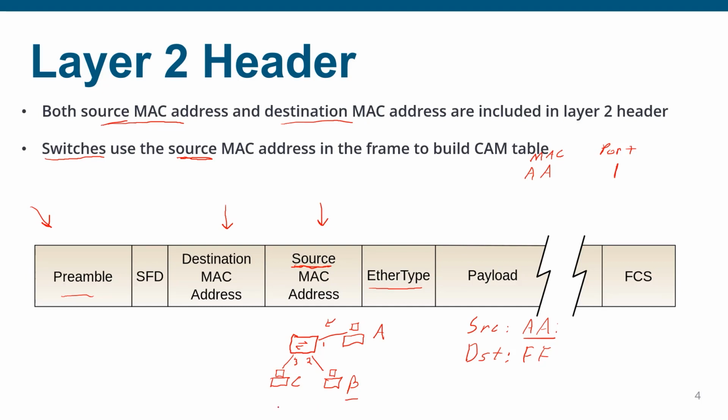Now let's say B and C both receive that broadcast and they both respond to workstation A, where B has a source of all B's MAC address and C has a source of all C's. And let's say, since they are responding directly to workstation A, that they have a destination of all A's.